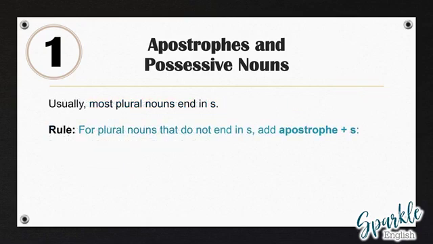So usually most plural nouns end in S. For plural nouns that do not end in S, we have to add apostrophe plus S. So, for example, the singular form of children is child. A lot of people who are not native English speakers say childs, and that's incorrect.